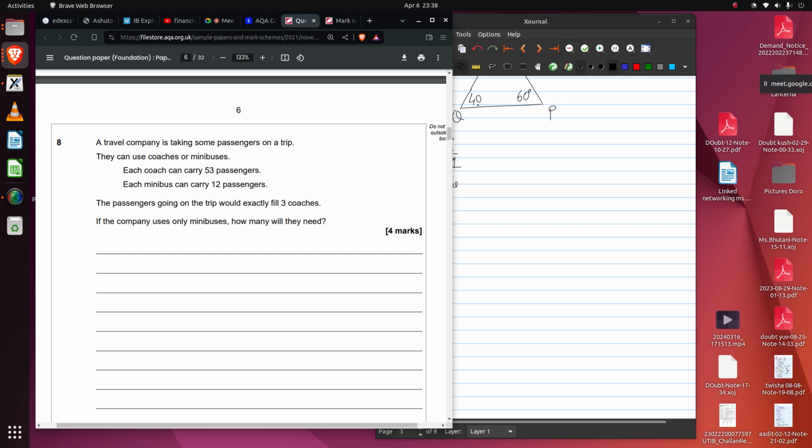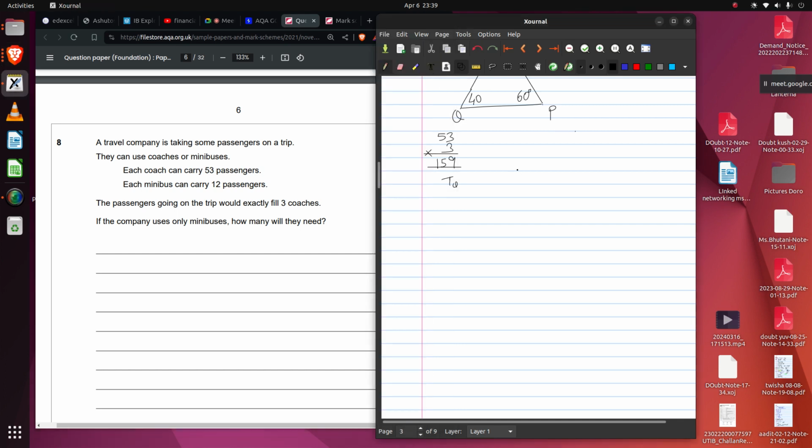So if the company uses only minibuses, how many will they need? Because it says 3 coaches, and each coach can carry 53, you can just do 53 times 3, 159. Good.